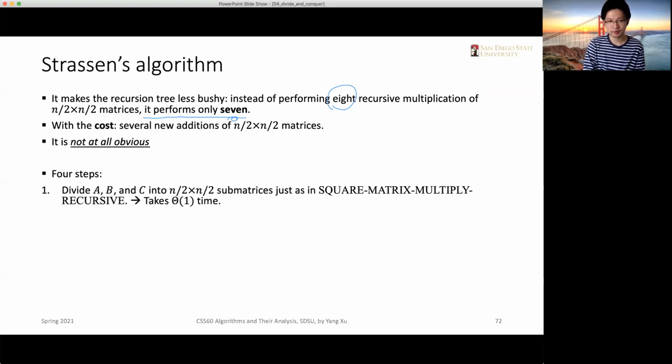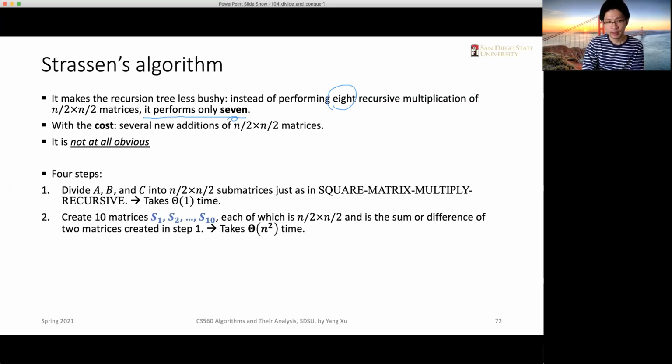All right, the first step is the same as in the straightforward divide and conquer approach. That is to split, to divide all the matrices. And the second step is something new. It creates some intermediate matrices, actually 10 of them, from S1 to S10.